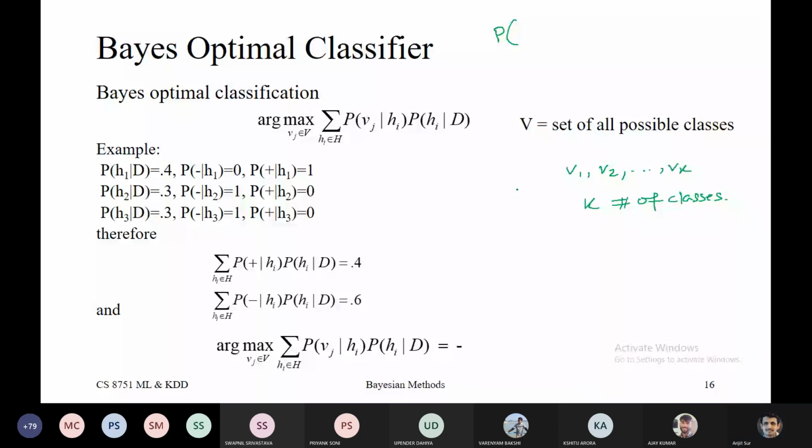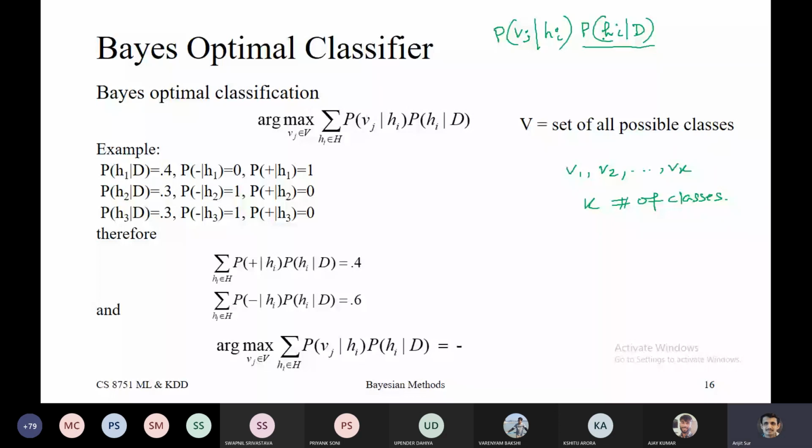So it is P of Vj given Hi, for all i's. It is the posterior, which we know very well, that is the posterior given the data. So Bayes optimal classification is this.